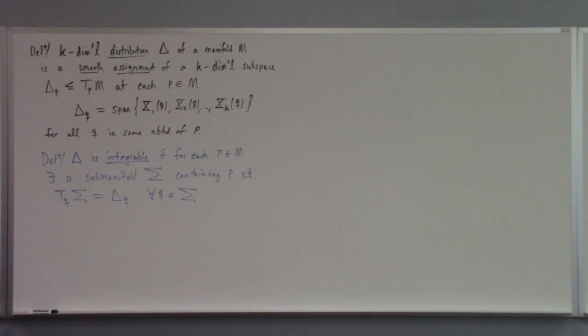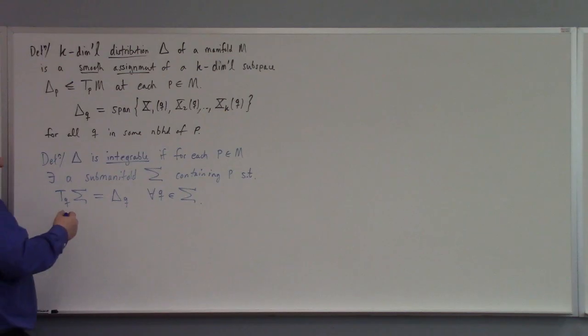In other words, the tangent spaces to sigma all lie in the distribution. The submanifold sigma is called an integral submanifold of delta.